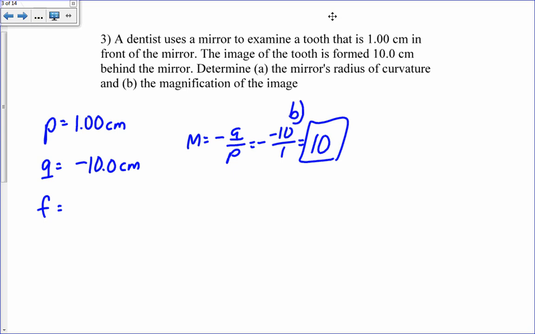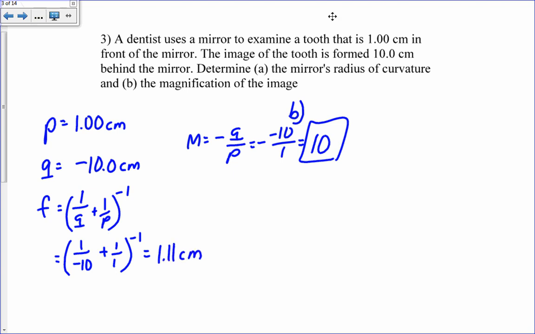And I also want to know what is the radius of curvature. So I need to find the focal length: 1 over Q plus 1 over P. That gives me a focal length of 1.11 centimeters. Notice that this is positive.